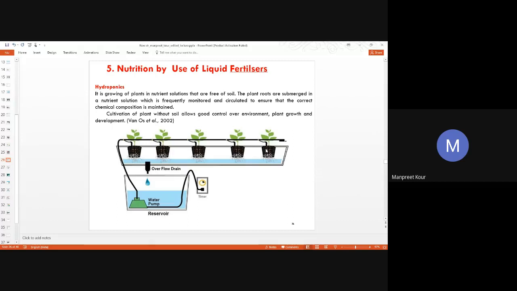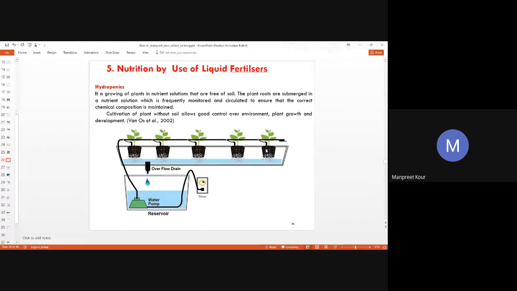We can't use soil in this type of vertical farming system. There is a tank that provides water drop by drop to the pots in the vertical stack layers. This is the principle behind hydroponics. Please move to the next slide.